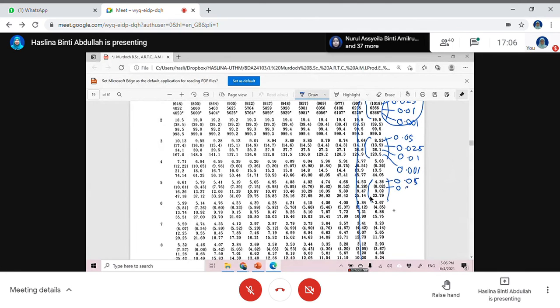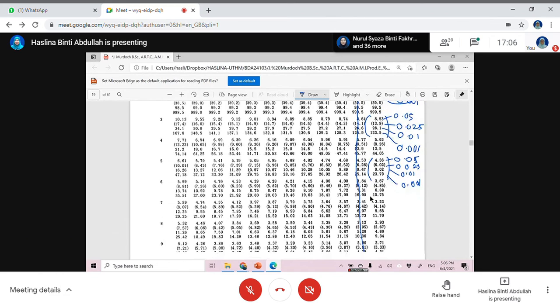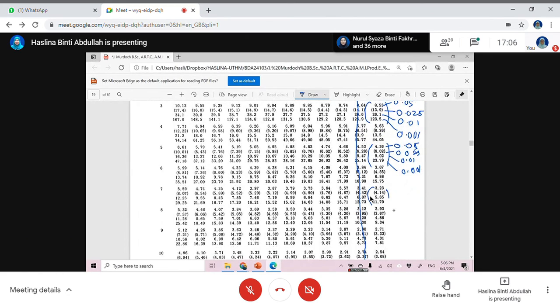This value is 0.025. This value is 0.01 and the last row is 0.001. Sama juga dengan bracket ni. Dengan bracket ni, mana-mana bracket dia mesti ada 4 ni. Atas sekali 0.05, 0.025, 0.01 and 0.001.